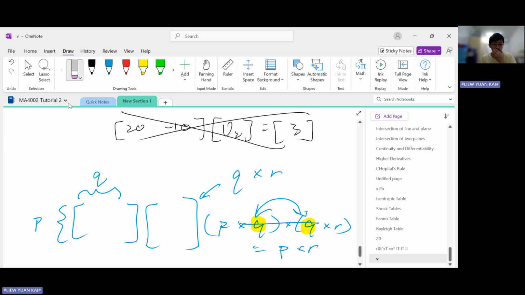So for matrix multiplication to be valid, these two dimensions must be equal. Okay, but let's investigate what we saw here.